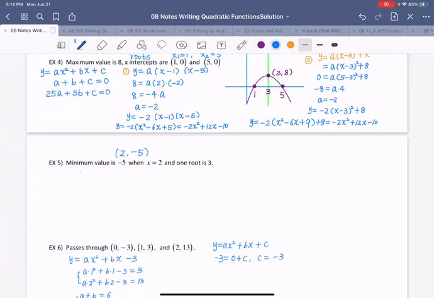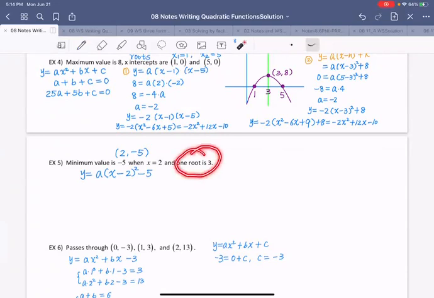So by the vertex format, y equals a times (x minus 2) squared minus 5. Nice.